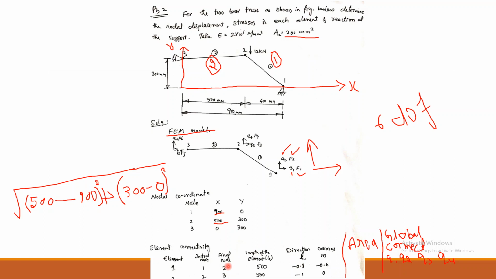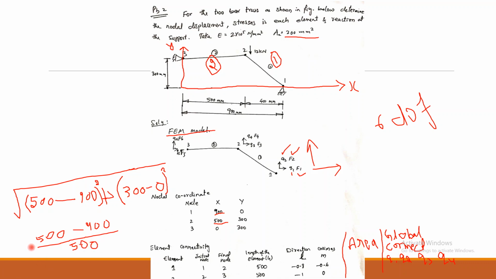X final minus x initial is x2 minus x1 divided by the length of the element, that is 500 minus 900, whole divided by the length of the element, that is 500.